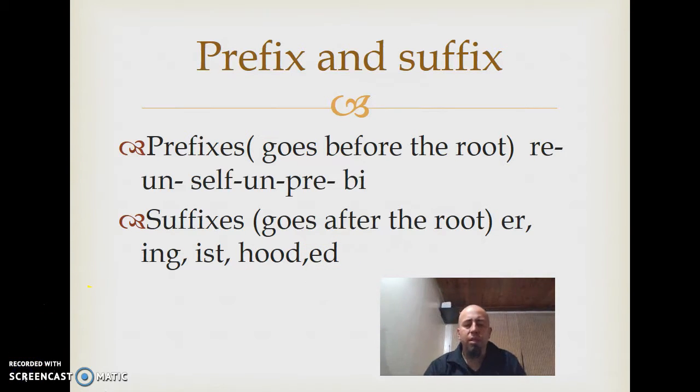And of course we need to be aware that prefixes are before the word, and suffixes after the word. We can be confused about this. It's important you be clear here.